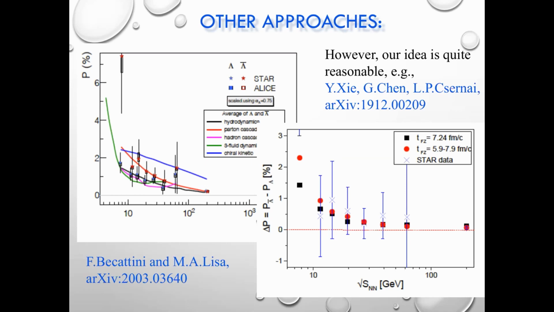You see in the right plot the case when the freeze-out times were fixed. That's one difference between lambda bars and lambda polarization. When it is variable freeze-out, the red circles, you see this difference increases to almost 2.5. So that's quite reasonable. And then I'm coming to the conclusions.